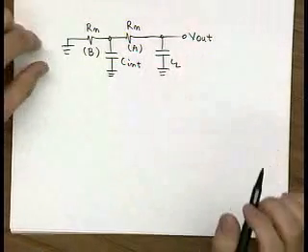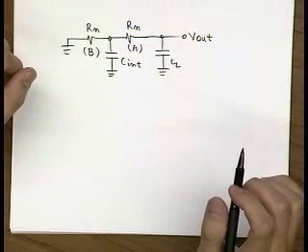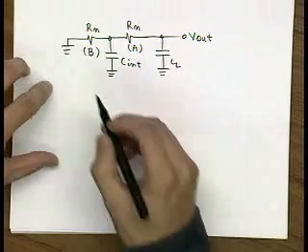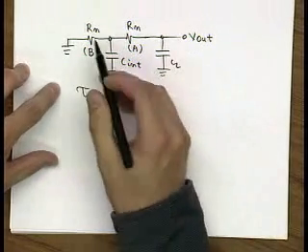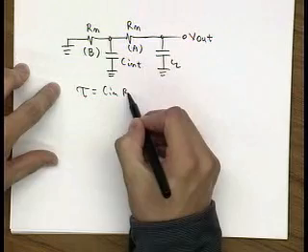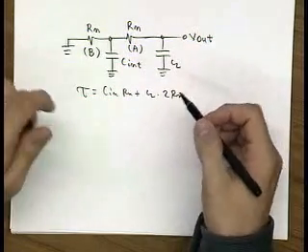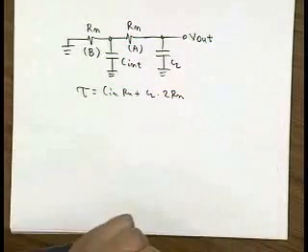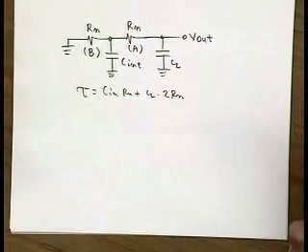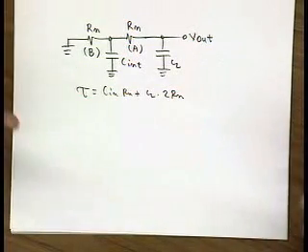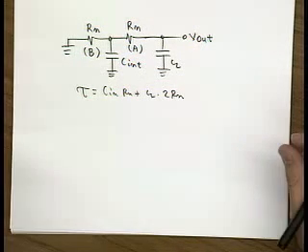And now we use the Elmore delay mechanism. Okay? So now you have the time constant, you see, like C int Rn plus CL times 2Rn. So the Elmore delay is a very useful mechanism to analyze propagation delay of logic networks.